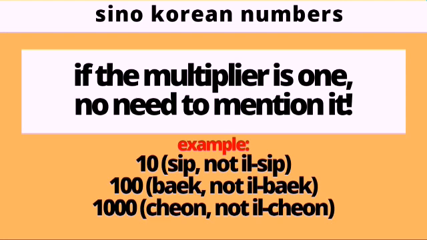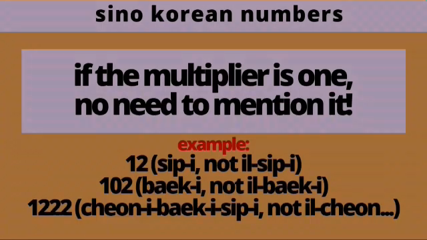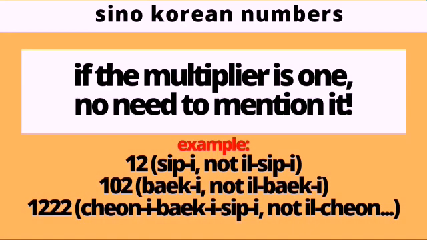But again, if the multiplier is not 1, then you'll need to mention that multiplier itself. More examples. If we have 12, it's ship i, not il ship i. Since the tens place is just multiplied by 1, we won't have to pronounce the il part anymore. So 12 is just ship i.